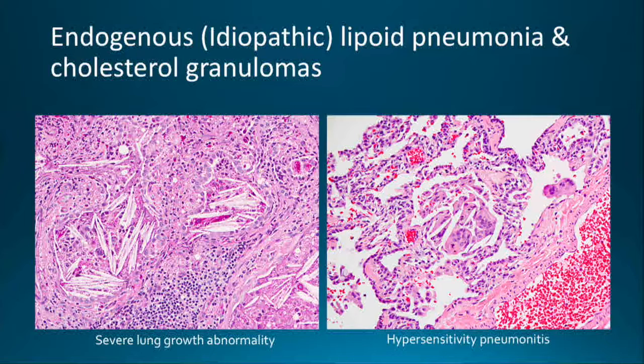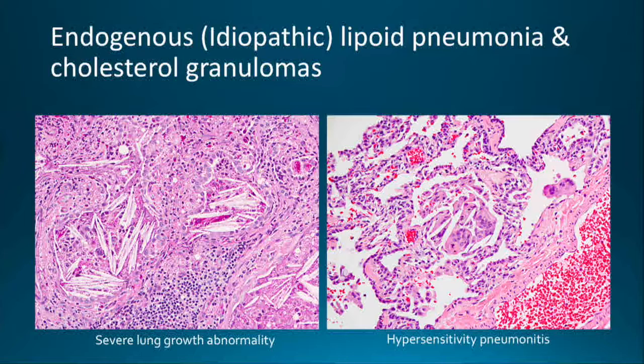The mechanism in this case is that these patients have very poor clearance, so things get trapped in their alveoli, and then there's alveolar wall injury, and you get this debris. And on the right, also injury-related, you're seeing similar cholesterol clefts, except here associated with foreign body giant cell reactions in the setting of hypersensitivity pneumonitis.